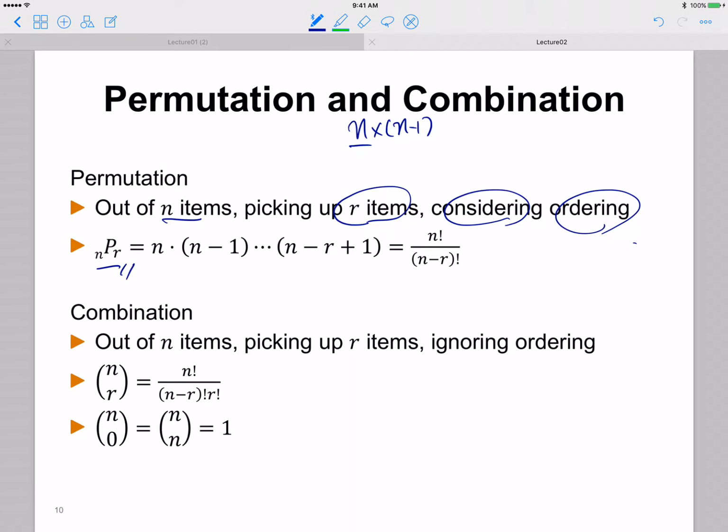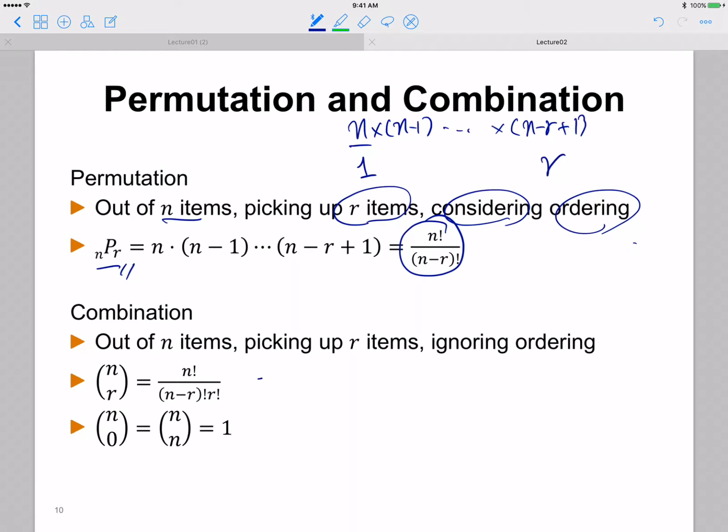And what is the total number of different possible outcomes? That is this permutation. And this permutation value is computed by this, right? Because we are picking our items. This is the first one, and this is the r-th one that we picked. Okay, and using the factorial, it can be represented by this.